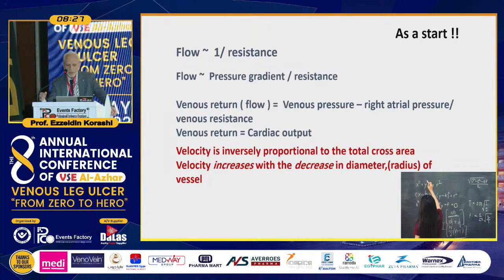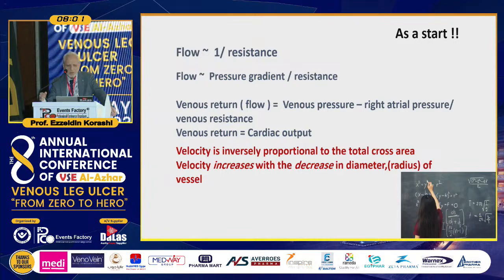And the venous return, under normal conditions, is the same as the cardiac output. This venous return, or the flow, equals the venous pressure minus the right atrial pressure, divided by the resistance. This is the same as the pressure gradient, venous pressure minus the right atrial pressure, which is around 0.